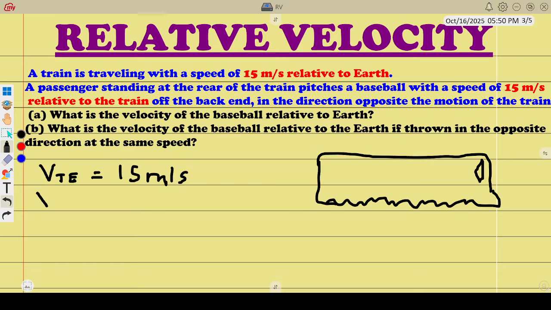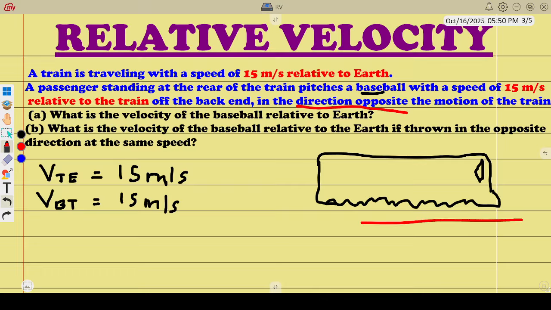And then we also have the velocity of the ball relative to the train. The velocity of the baseball relative to the train is also 15 meters per second. And then they gave us an important detail: it was moving in the opposite direction.